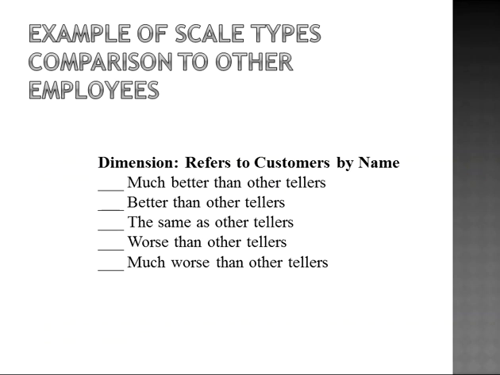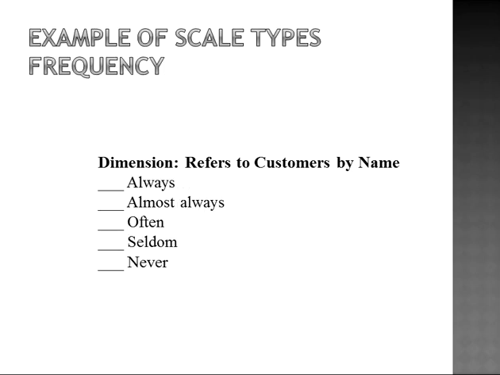Example of scale types, comparison to other employees. Dimension: refers to customers by name. Much better than other tellers, better than other tellers, the same as, worse than, much worse than. Example of scale types, frequency: refers to customers by name.